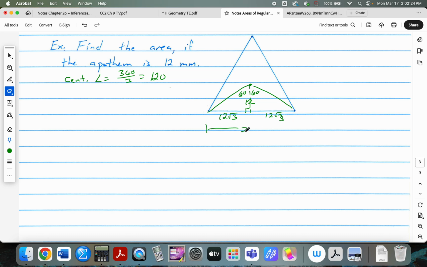So the whole side is 24 square roots of 3. So I'll go ahead and find the perimeter. It'll be 24 square roots of 3 times 3. 24 times 3 is 72.